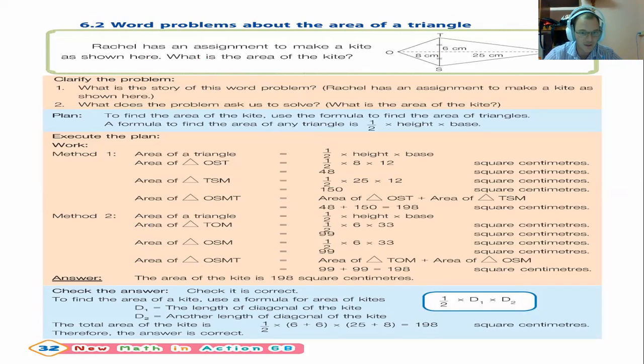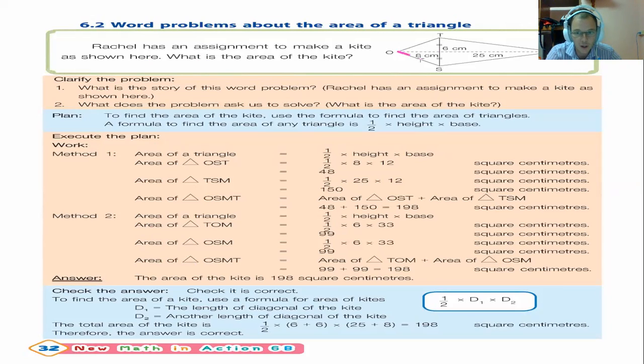So the plan, to find the area of the kite, use the formula to find the area of the triangles. A formula to find the area of any triangle is half times height times base. So first, we have a couple of triangles here we have to solve. We have OST. So again, then you can use your pencil or your pen to make the drawings.